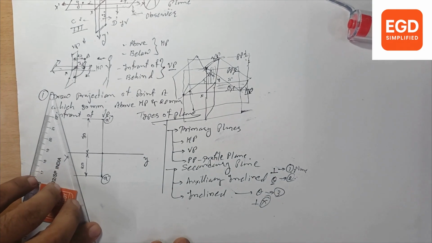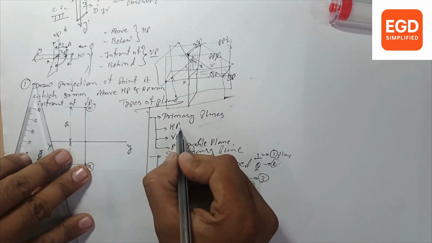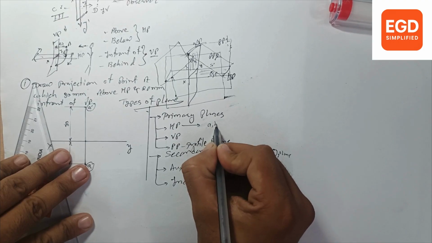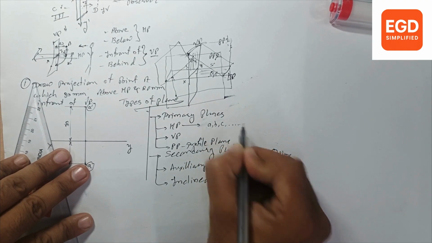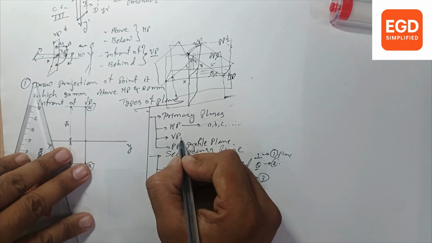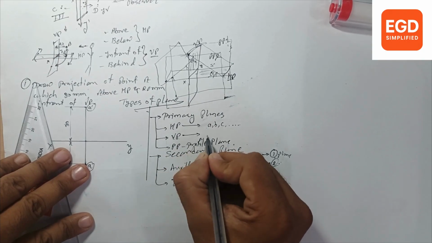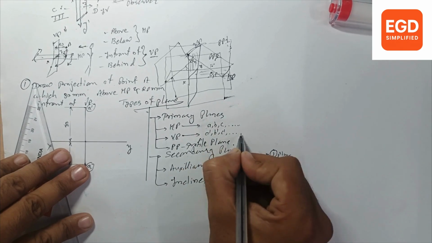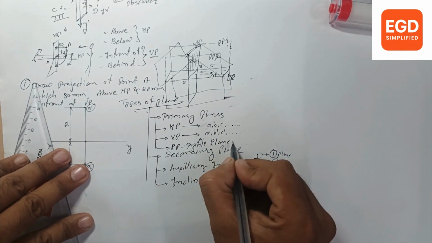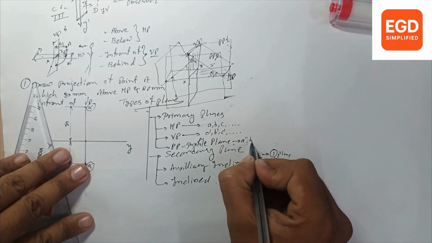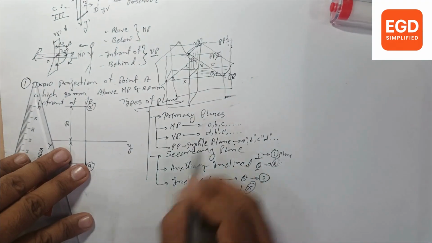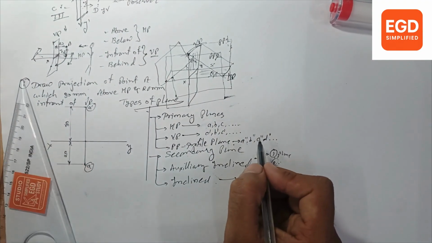Now here the horizontal plane is our first plane, so we will give numbering like A, B, C, etc. Then for the vertical plane, we will give numbering like A dash, B dash, C dash, D dash, etc. And for the profile plane, we will give numbering like A double dash, B double dash, C double dash, D double dash. Every time different numberings we are going to follow.